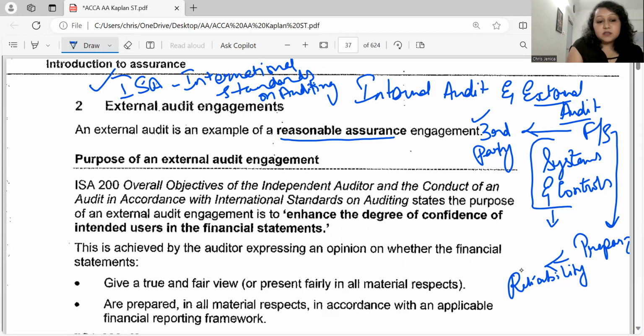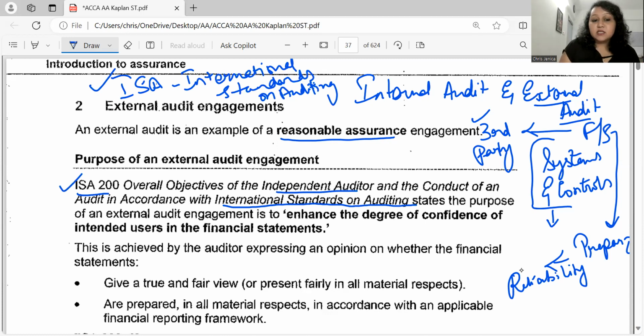These are the rules that are going to govern, like IFRS for the accounting standards, ISAs will be used for international standards on auditing. ISA 200 is going to state the overall objectives of the independent auditor and the conduct of an audit in accordance with the international standards on auditing.